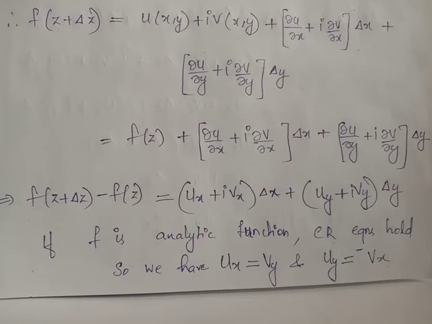So we can replace uy appearing here by minus vx and vy appearing here by ux. We wish to get all the partial derivatives in terms of x, so we express the RHS using partial derivatives in terms of x, and for that we make use of the CR equations.